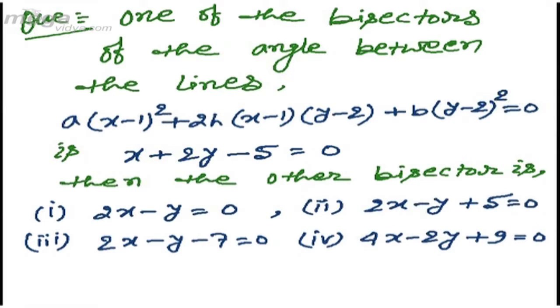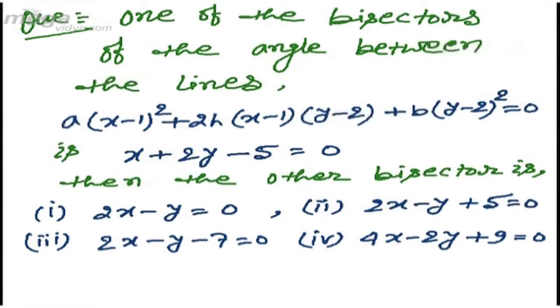So by using the family of lines, if this is ax plus by plus c equal to 0, then the second bisector will be bx minus ay plus k equal to 0. So using that formula, the second bisector will be 2x minus y plus k equal to 0.